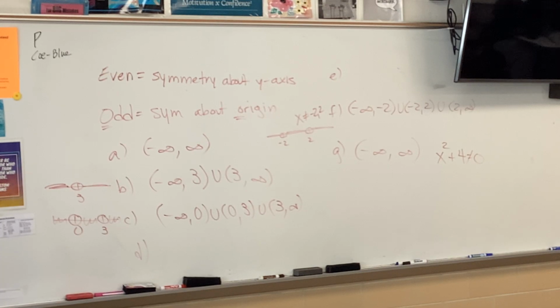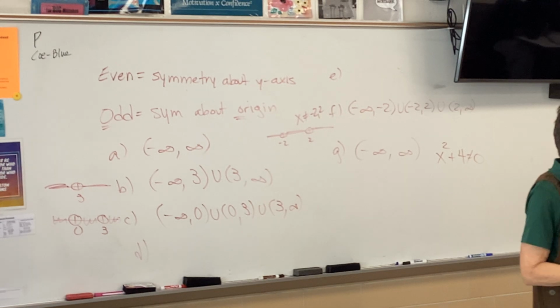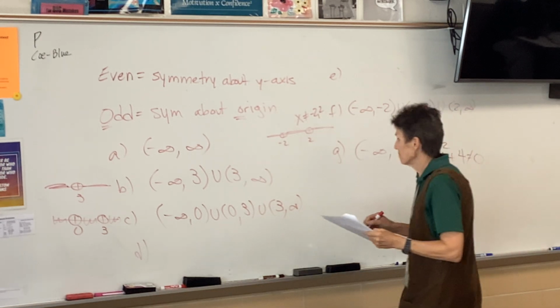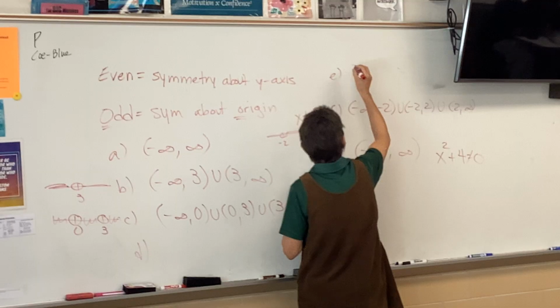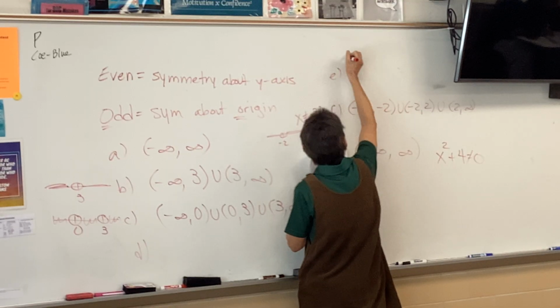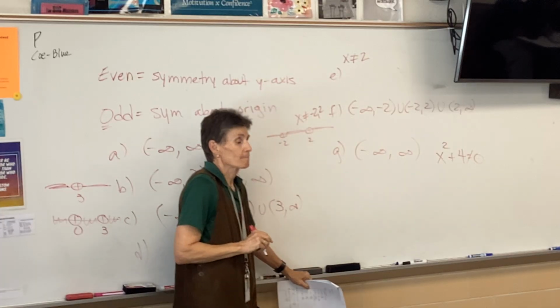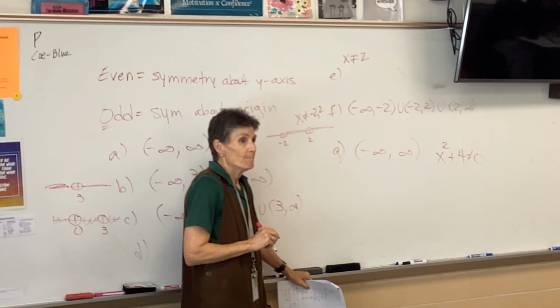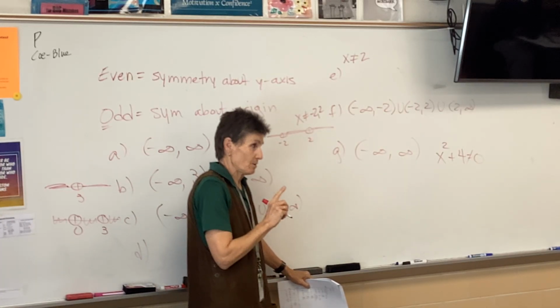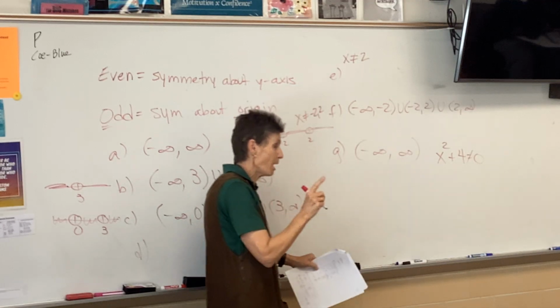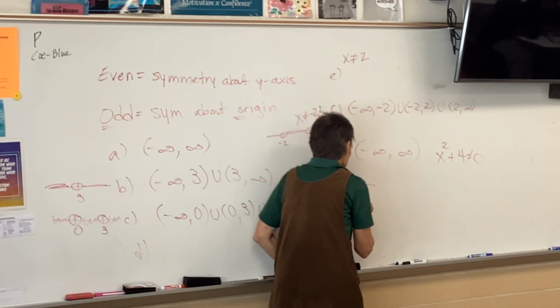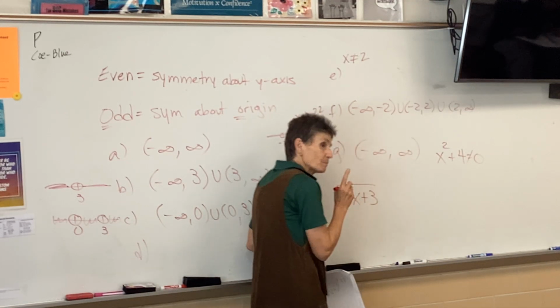But there is another domain rule. Look at problem E. I know for a fact that x can't be 2. Would you agree with that? Yeah. But that numerator causes me some problems because I have a radical.